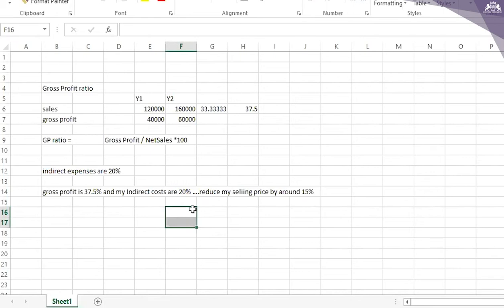Now, I'm giving you another example. If the cost of goods sold, sales is 6 lakhs, everybody can note it down.